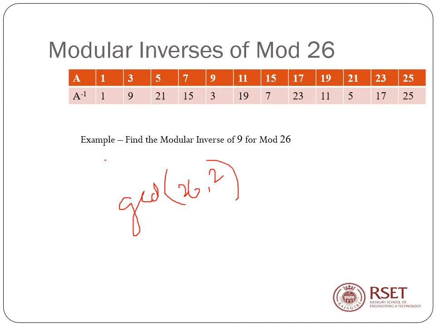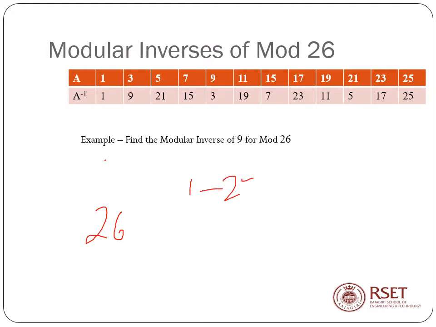No, they are not relatively prime. So that is why you are not able to find the inverse of 2. So the question is, you will have to find which numbers in the range 1 to 25 are relatively prime to 26.